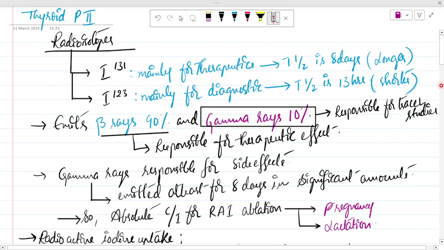Why? Because these gamma rays are emitted for at least 8 days in significant amounts.